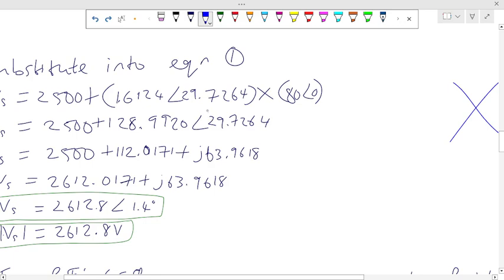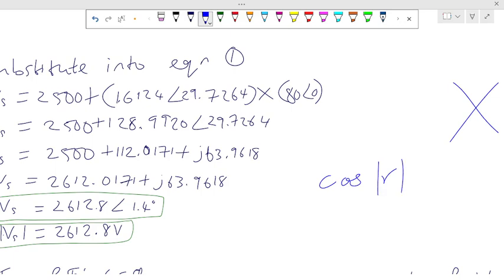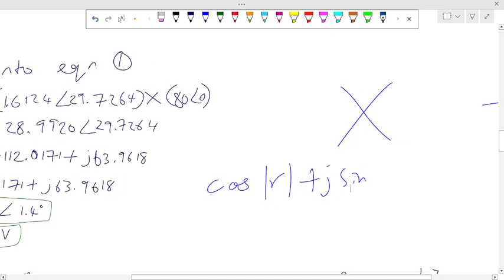So what you have to do is take the cosine. Let me write the formula out so that it'll be easy to get. Now that can be written as cosine of the angle, plus j sine of the angle. Let me use phi as we've been doing.